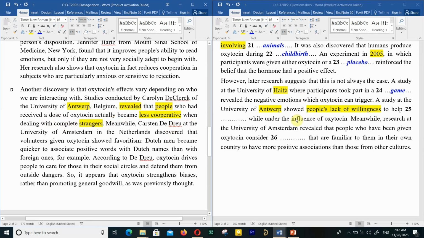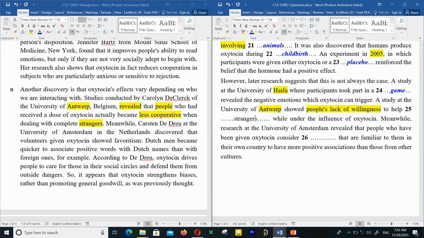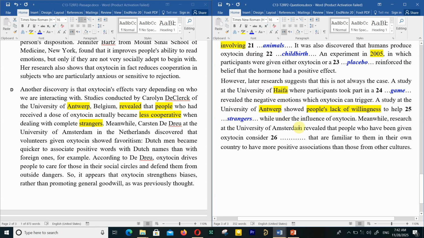You see? Lack of willingness, less cooperative, to help what? To help strangers. Another answer to another question.